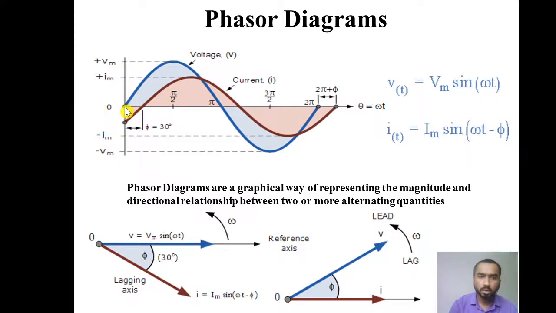For voltage, this is the 0 crossover point from which it goes to the positive half cycle, or we can say the amplitude increases in the positive direction. And this is the second 0 crossover point where it goes to the negative half cycle, or its amplitude goes in the negative direction.